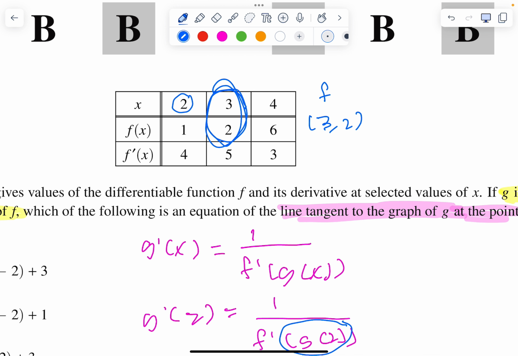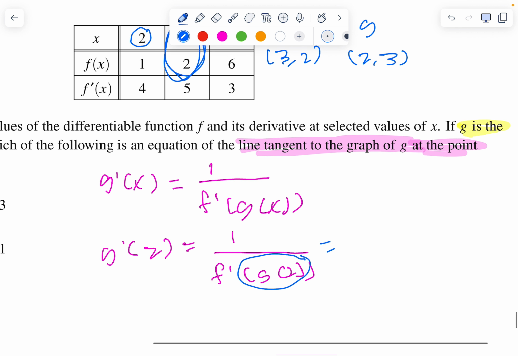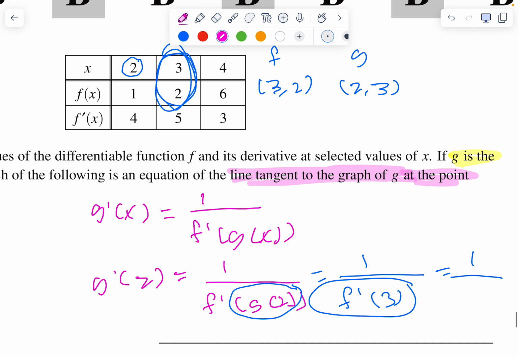Because they're inverses, can I swap them for the g and say this must be what? 2, 3. Now do I know g of 2? Yes, I do. So we have 1 all over f prime of that, which is going to become 3. Now let's find this guy over here. We have 1 all over, let's find 3. And we're going to which function, the original or the prime? Prime. What's our value? 5.